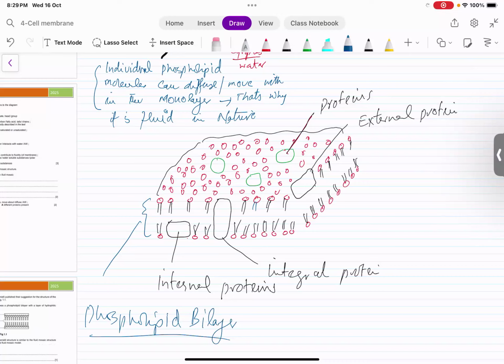Okay, so this is a fluid mosaic model. In addition to these components, there are some more components embedded in this phospholipid bilayer. The main components include branched carbohydrates attached with these phospholipid molecules or these proteins.